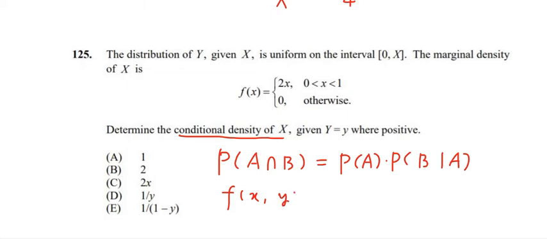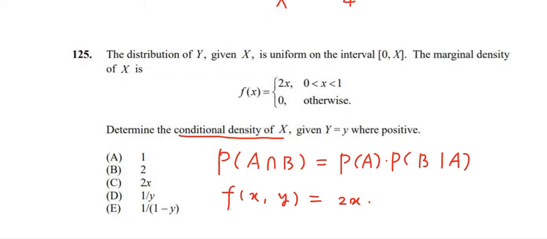So we have the joint density function of x and y equals the marginal density function, which here is 2x, times the conditional density function for y when x is fixed.